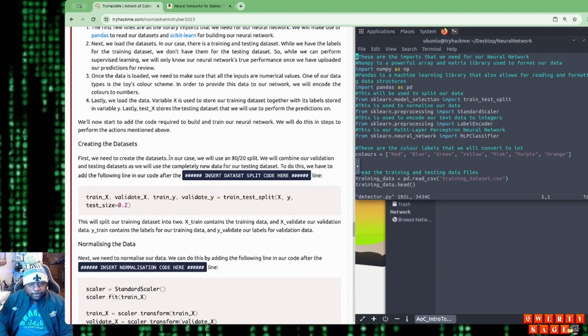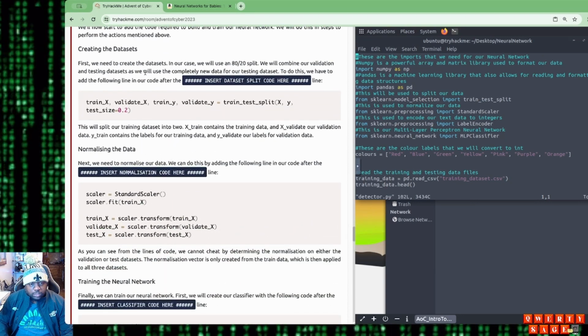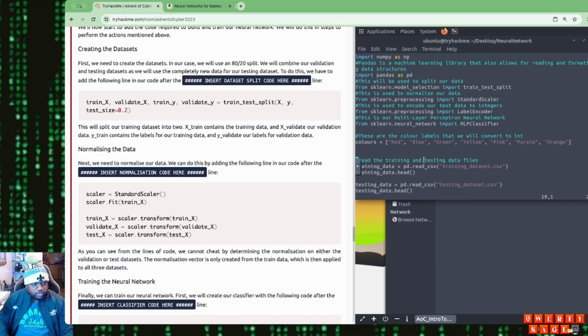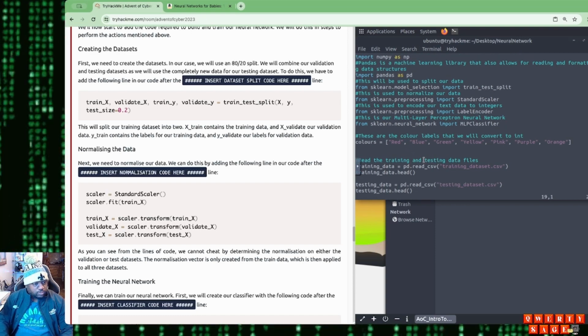All right. We're going to create data sets. So it looks like we're going to be typing in some code here.